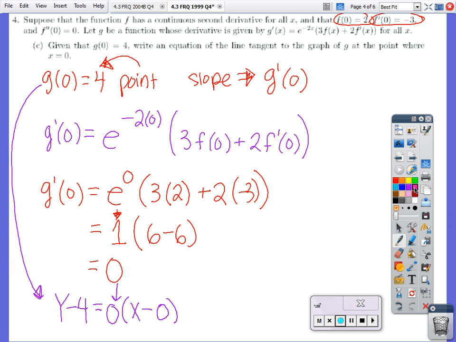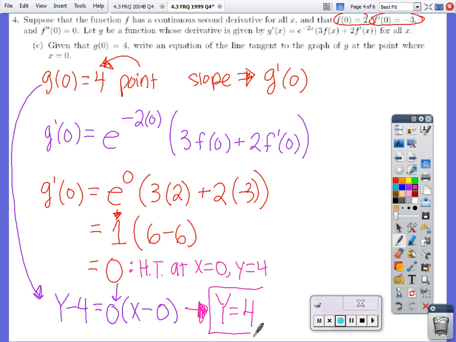There's a lot of zeros in there, so if we simplify, you would end up with y equal to 4. This is a horizontal tangent at x equal to 0, y equal to 4. Therefore, the equation of the tangent line is a horizontal line, y equal to 4.